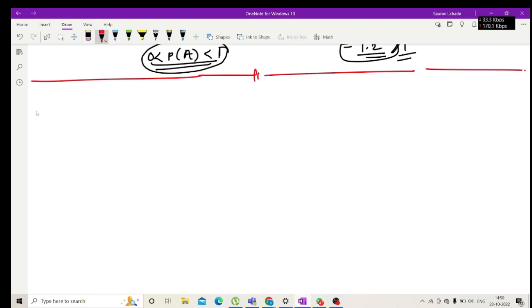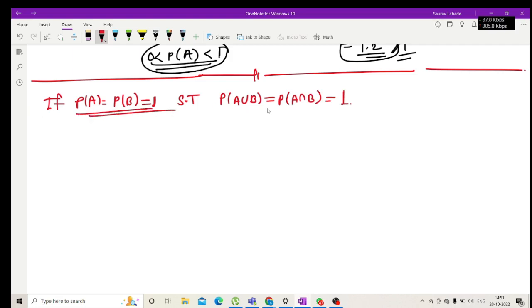The example is: if probability of A is equal to probability of B, and this is equal to 1, show that probability of A union B equals probability of A intersection B equals 1. If these two probabilities are equal to 1, then union and intersection will also become 1. How can you show that?